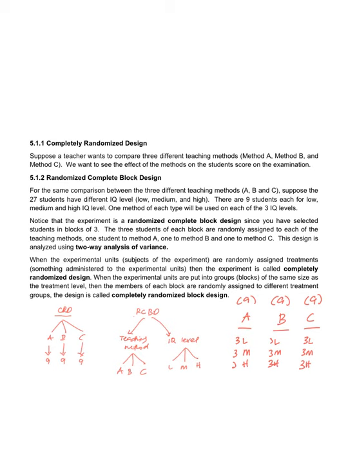The design is called completely randomized block design. Cuma kita kena make sure untuk teaching method A tu ada ketiga-tiga different IQ level of student tu lah. Okay, but the process we conduct secara random. That's why we call it as randomized complete block design.